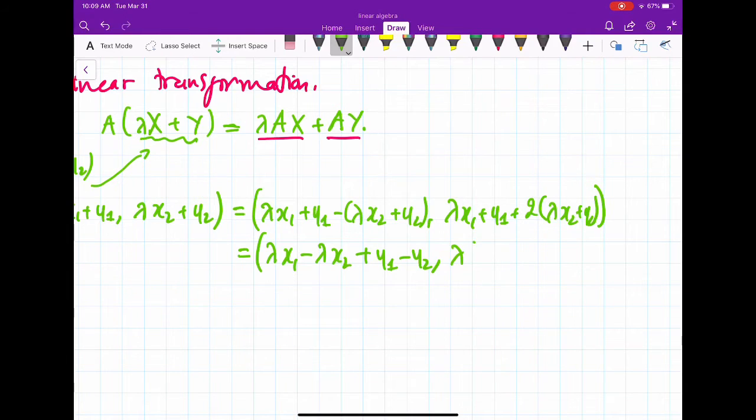The second one is lambda x1 plus 2 lambda x2 plus y1 plus 2y2.